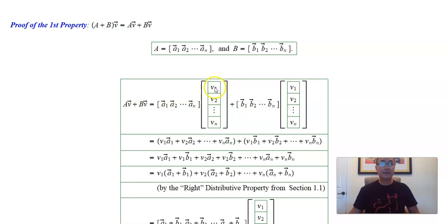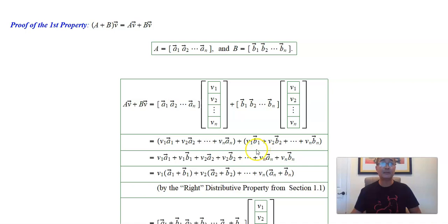What is the meaning of A times V? You take linear combinations. You have V1 times A1 plus V2 times A2, and so on. So that was the definition of a matrix product. Similarly, for B, we have V1 times B1 plus V2 times B2, and so on. Okay, what happens next?